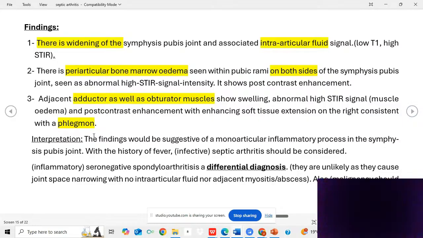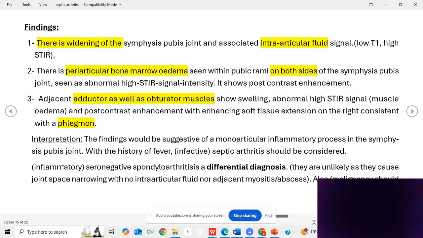Interpretation. The findings would be suggestive of a monoarticular inflammatory process in the symphysis pubis joint, with the history of either fever or infective endocarditis. So septic arthritis should be considered. The infective process should be considered here. However, seronegative spondyloarthritis is a differential diagnosis.